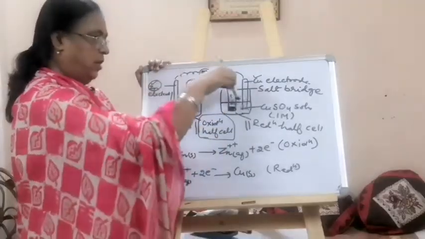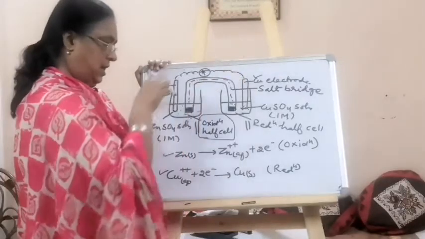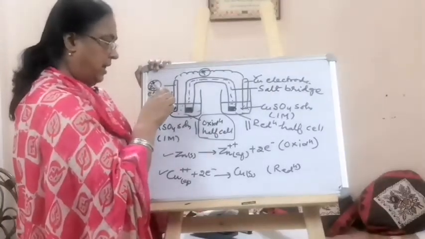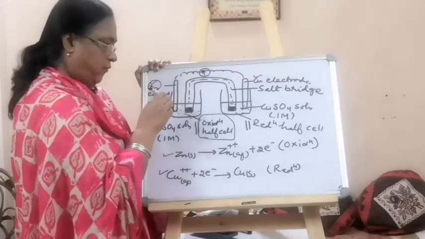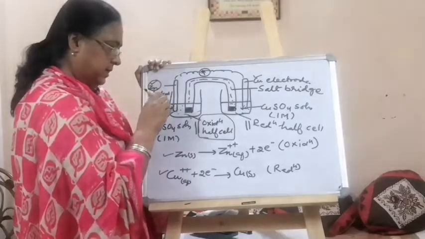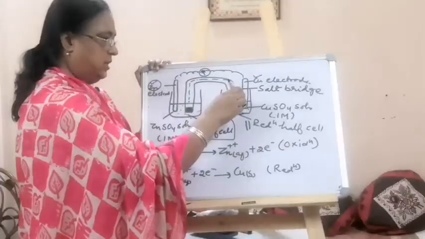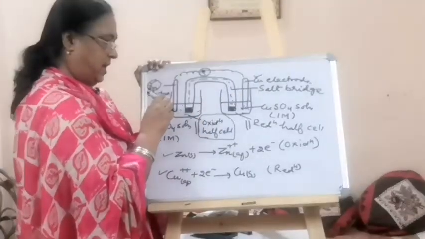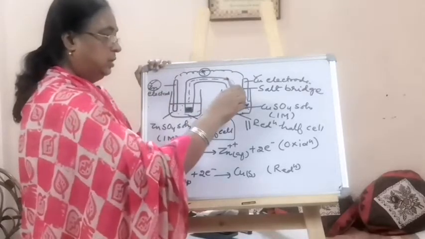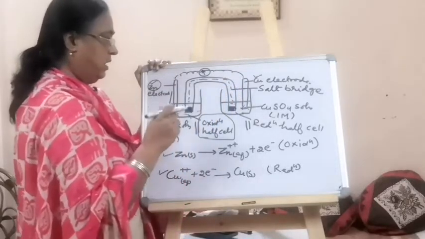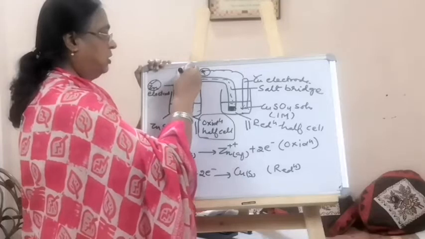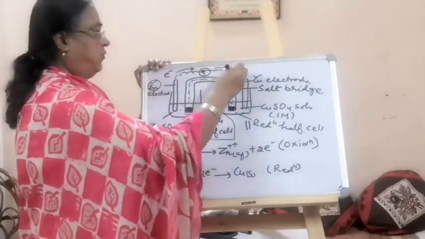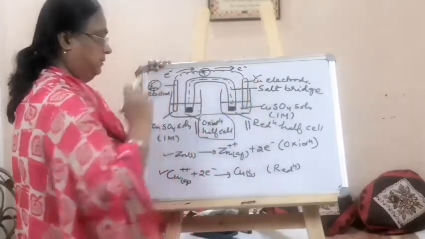So here electron concentration is decreasing and here electron concentration is increasing. So electrons will flow from the higher concentration to the lower concentration, from the electrode which has the higher concentration to the electrode which has the lower concentration, through the external circuit. Electron is flowing from zinc to copper.